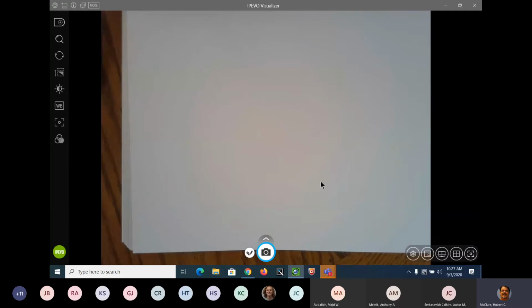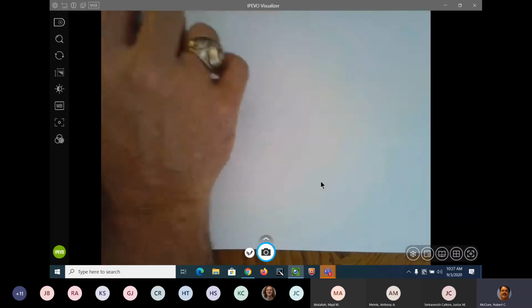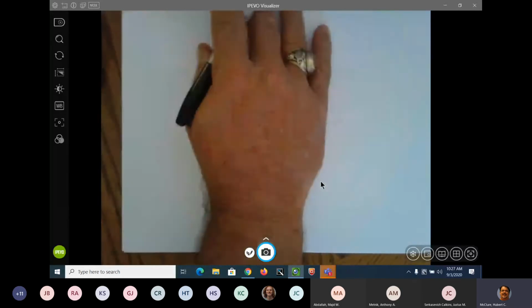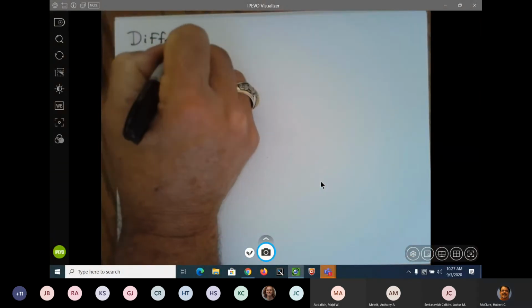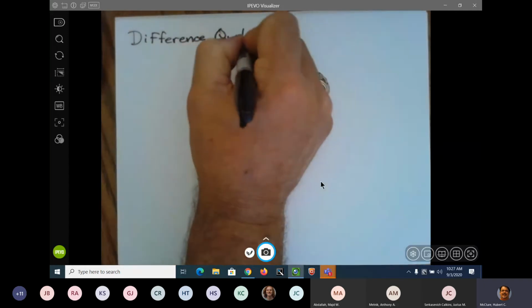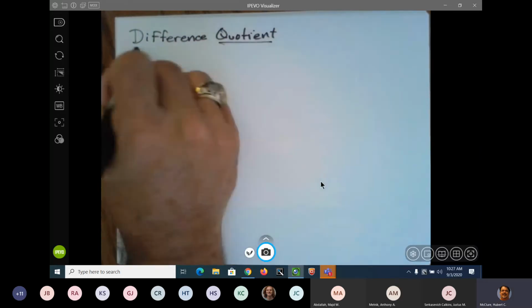What is the difference quotient? Well, you know, a lot of math books like to use big words, right? Difference quotient. Big word, isn't it?